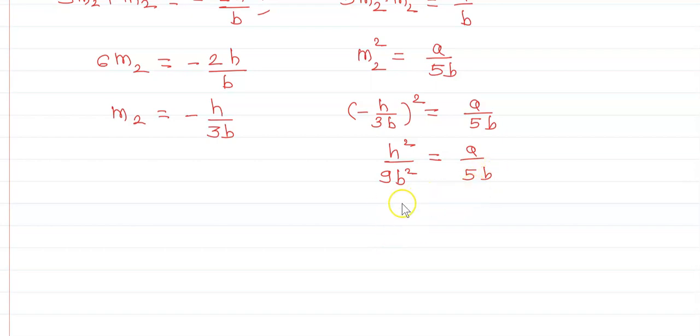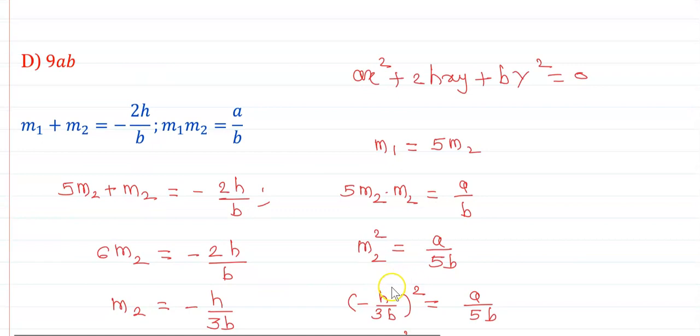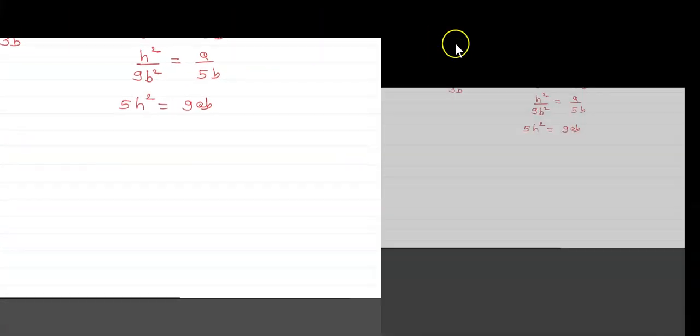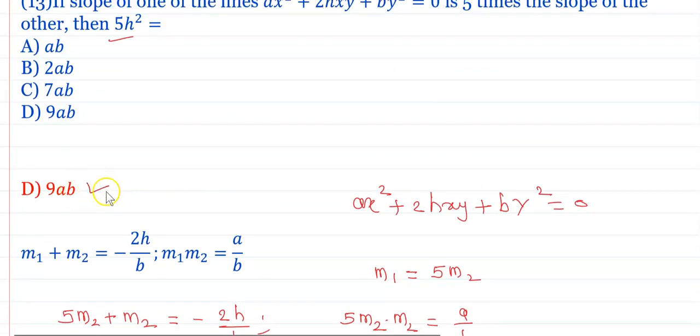One b here gets cancelled. Therefore, after cross multiplication, you will get h square equals 9ab upon 5, and we want to find the value of 5h square. After the multiplication, you will get 5h square equals 9ab. Therefore option D is the correct one. The value of 5h square is equal to 9ab.